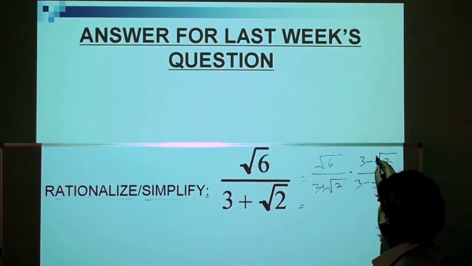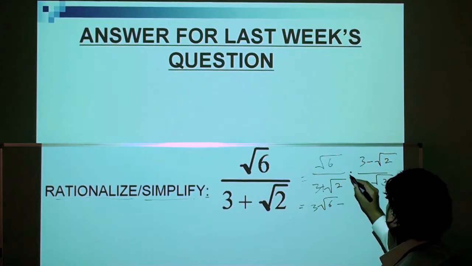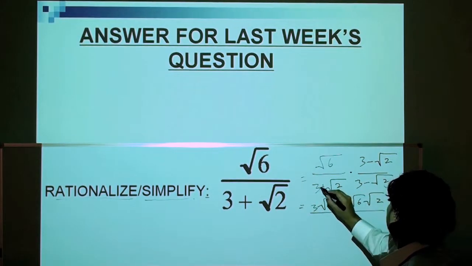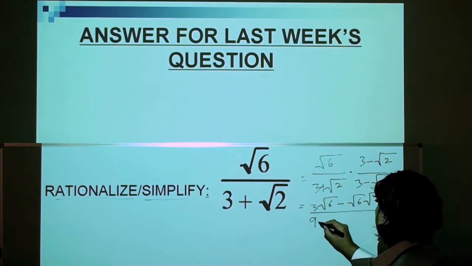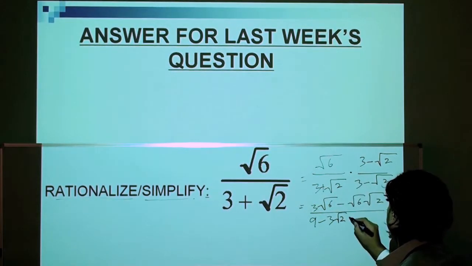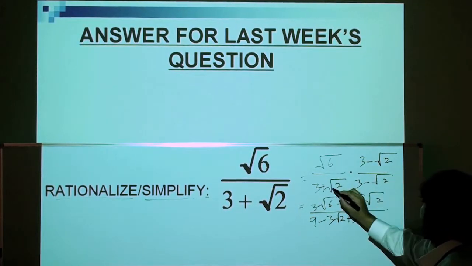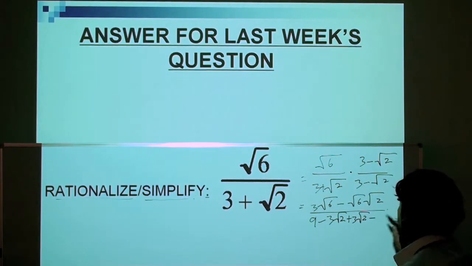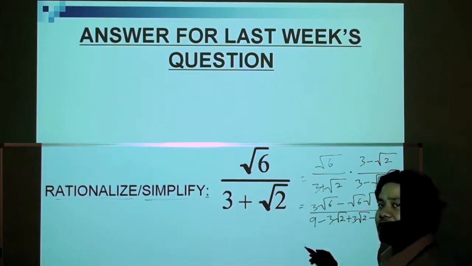Plus, multiply, that multiplied by that, 3 square root of 6, take away square root of 6 times square root of 2, over, first, that times that, 9, take away that times that, 3 square root of 2, plus that times that, plus 3 square root of 2, that multiplied by that, take away square root of 2 multiplied by the square root of 2 is 2. So let's see if we can simplify further.